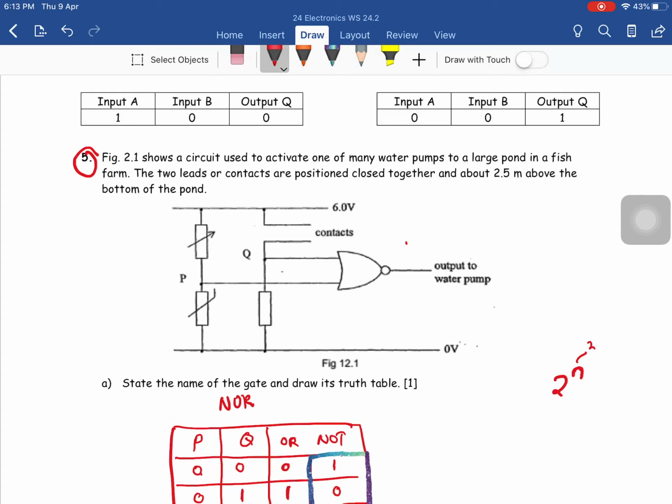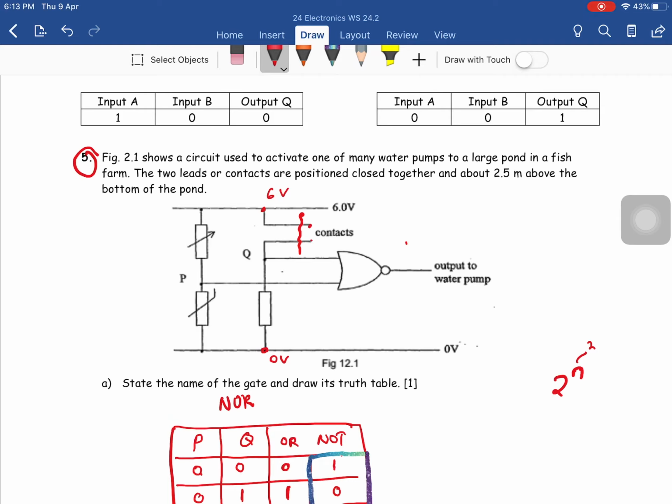So when both contacts are below water level, this tells me that, now over here initially 6 volts, right? And over here would be 0 volts. So if it's underwater, it means that your water will be something like this, above this height, and it causes the resistance between the contacts to decrease.